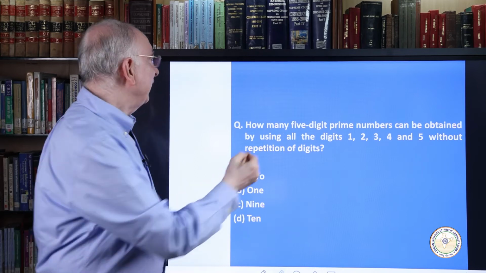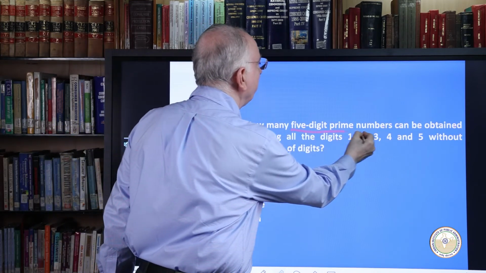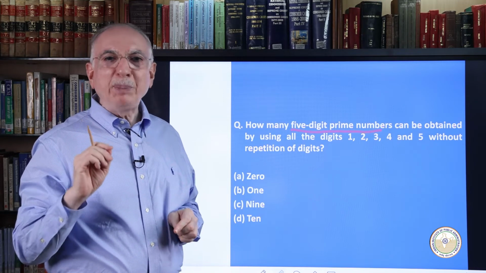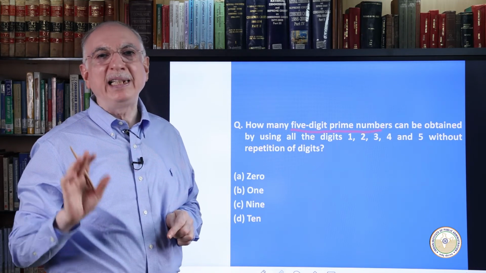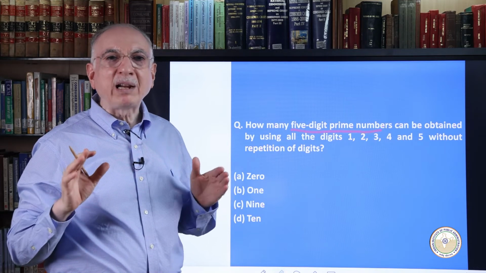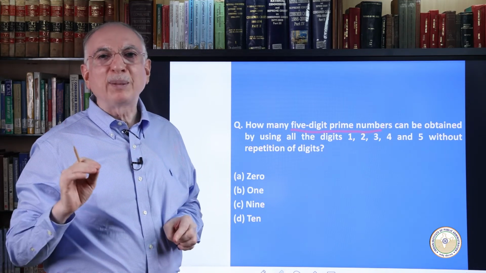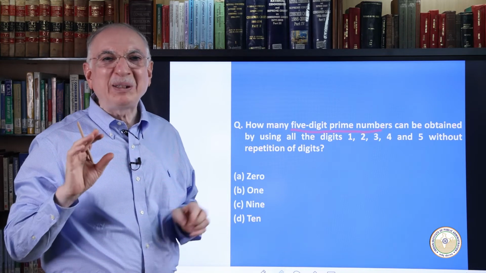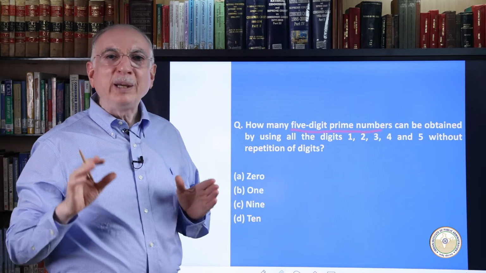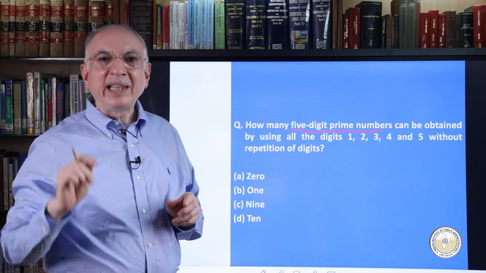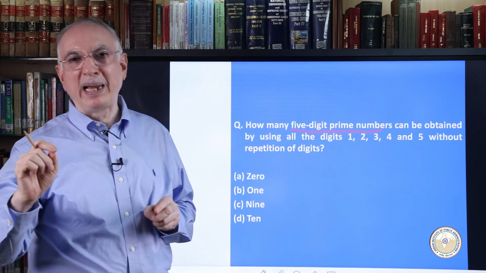Next question. Here the key point is 5-digit prime number. A prime number is a number which can only be completely divided by 1 and itself. Given that there are digits 1, 2, 3, 4, 5 and we are supposed to make a 5-digit prime number. We know if the sum of the digits of a number is divisible by 3, then the number is also divisible by 3.